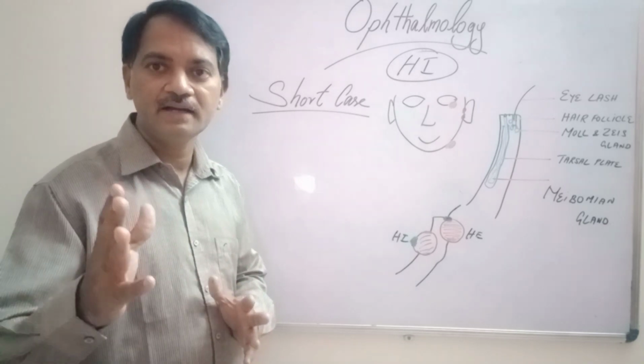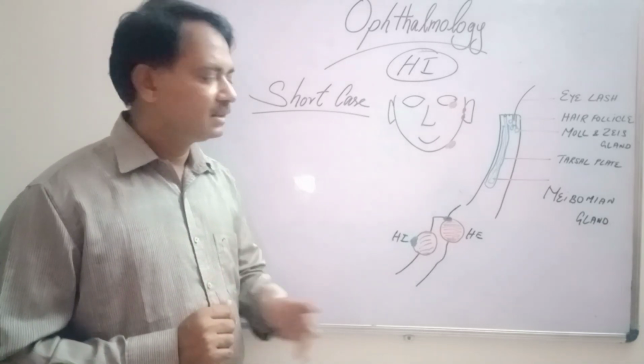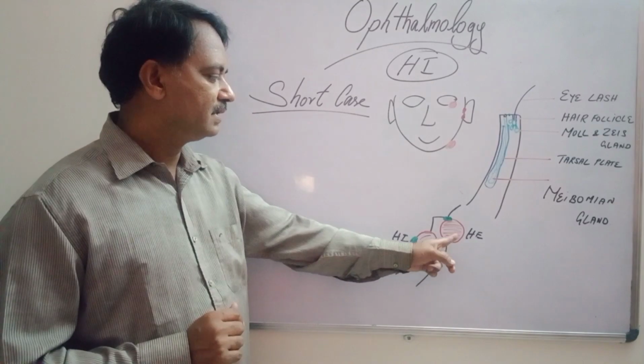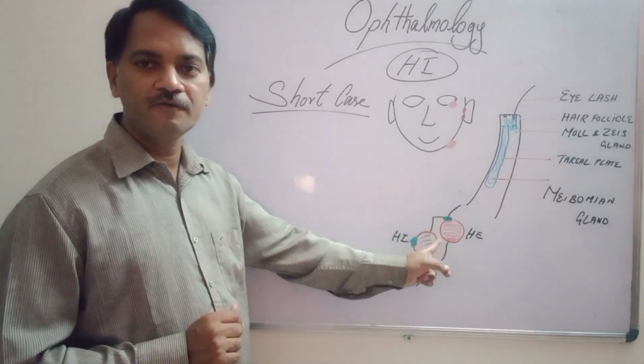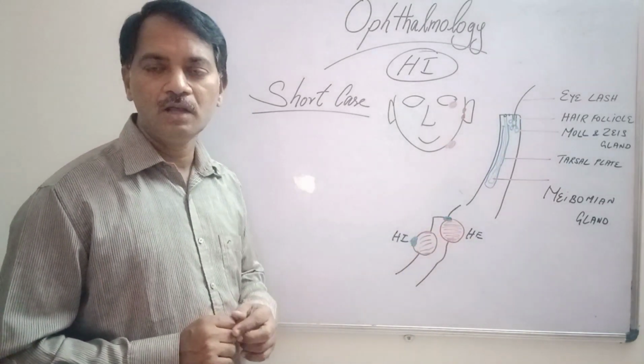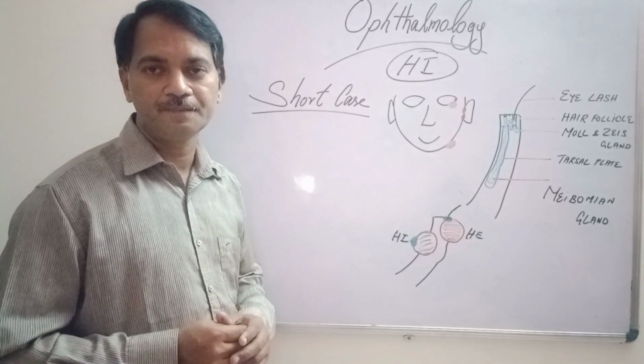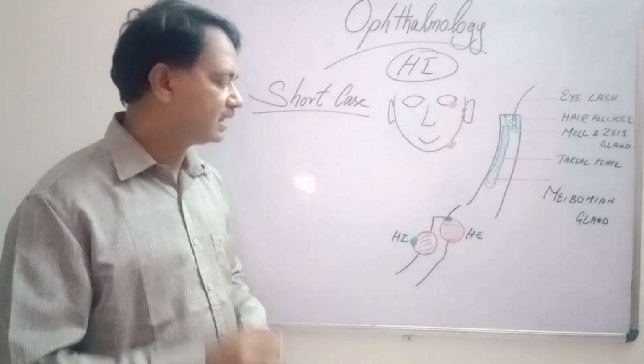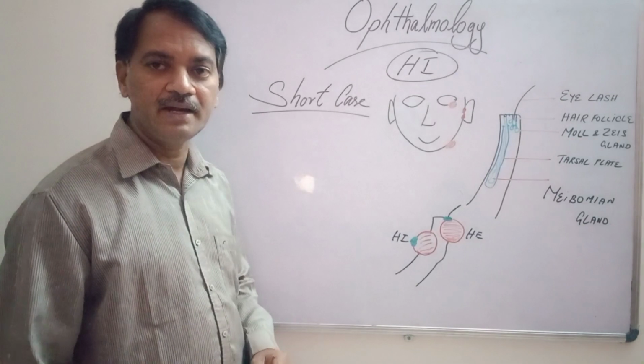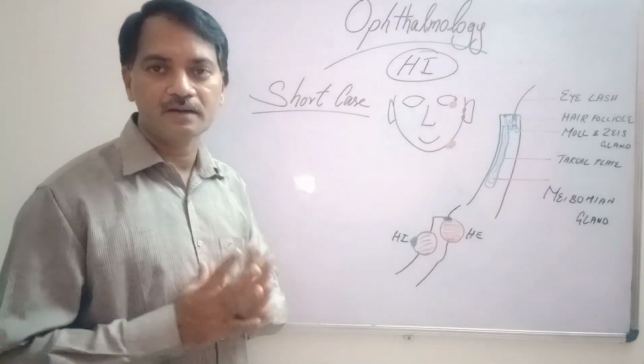Why is it like that? The hordeolum externum is due to inflammation of the glands of Zeis and Moll, which are in the soft tissue. But the meibomian gland is inside the tarsal plate, which is somewhat tougher.